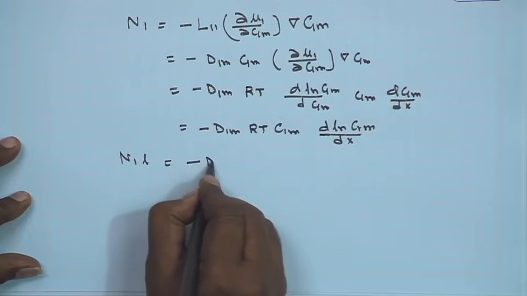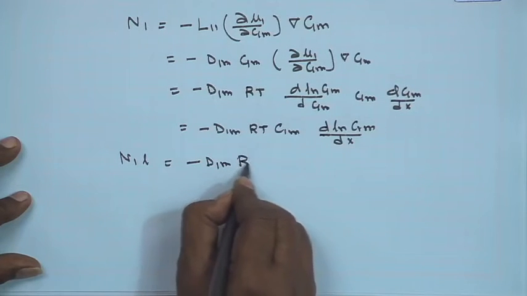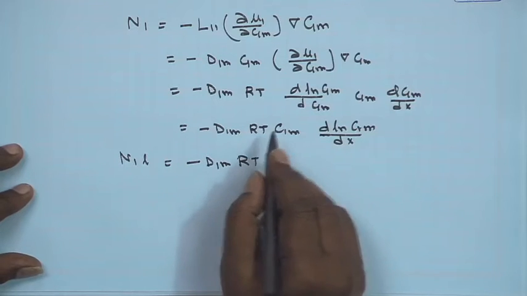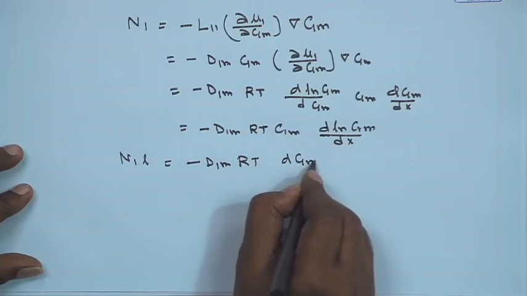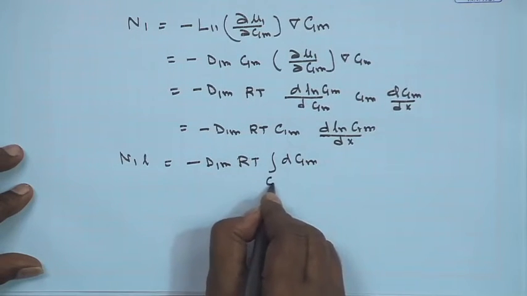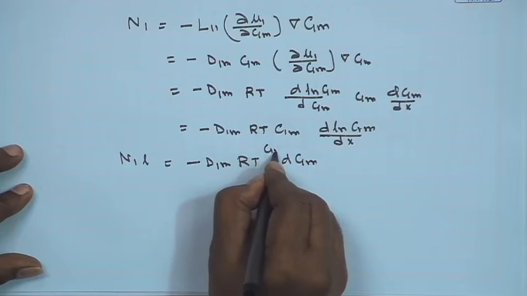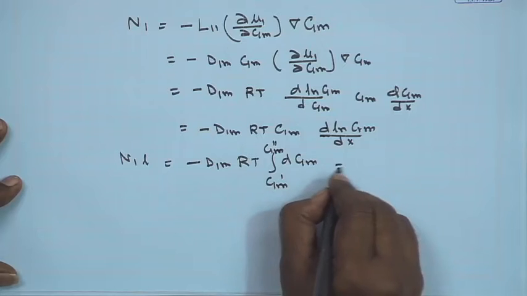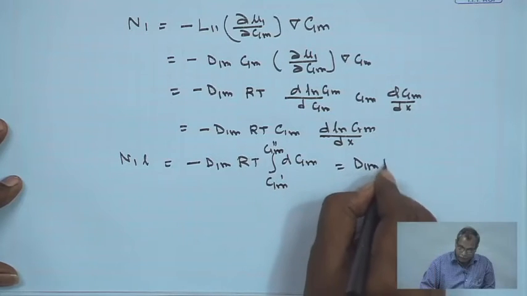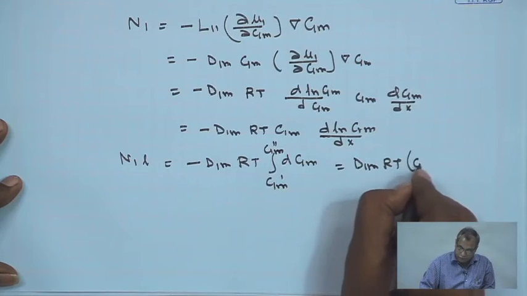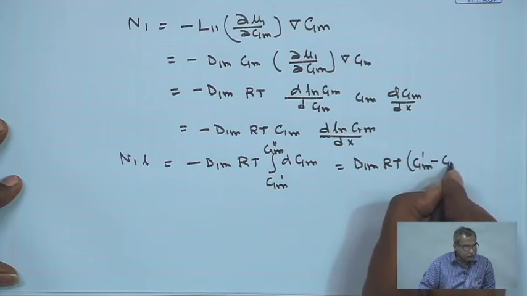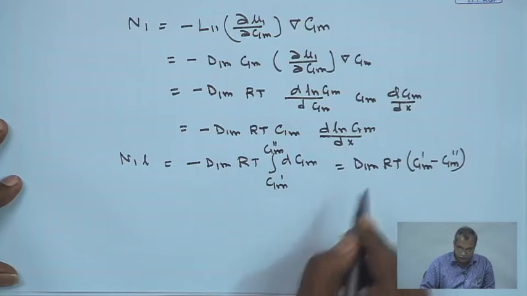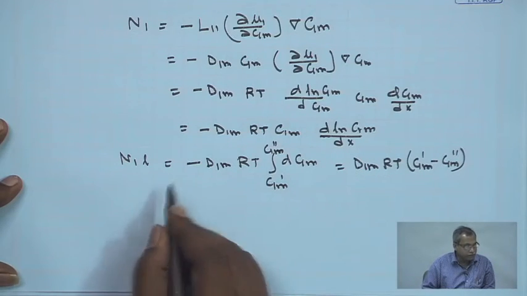to minus D1m R T d C1m integration from C1m prime to C1m double prime, and these will be nothing but D1m R T (C1m prime minus C1m double prime). The minus sign will be included in the parenthesis.